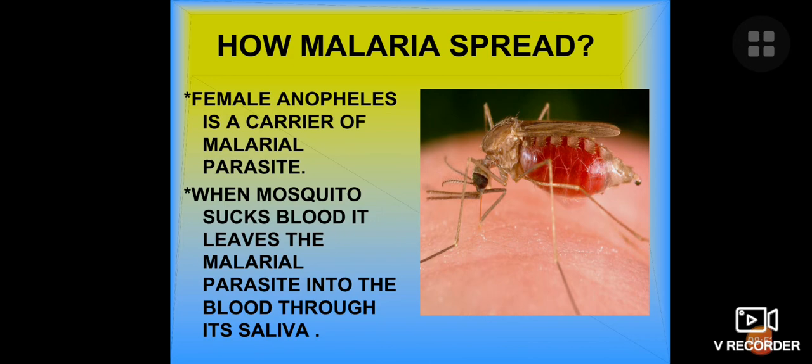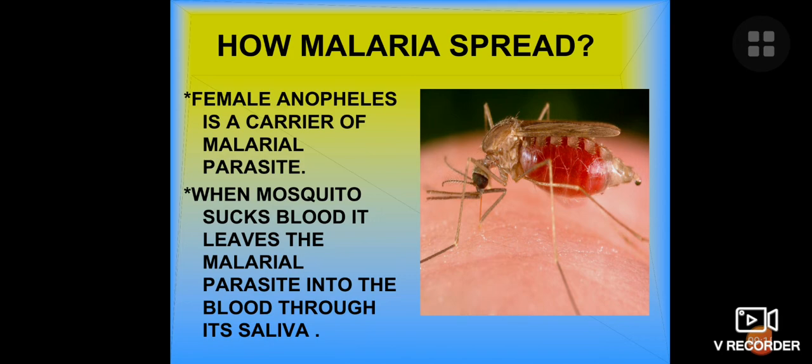When this mosquito is going to bite a human body, what will happen? From the stomach of this female Anopheles, that malarial parasite comes, mixes into the saliva of the mosquito, and that saliva enters the human body when it is piercing the skin.